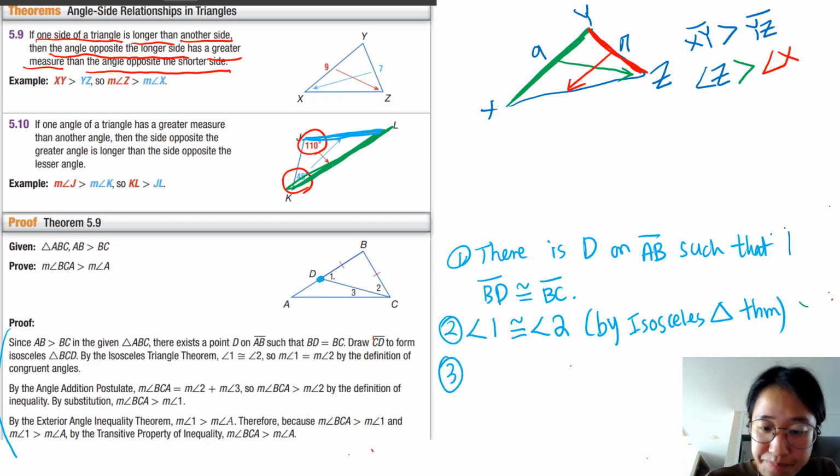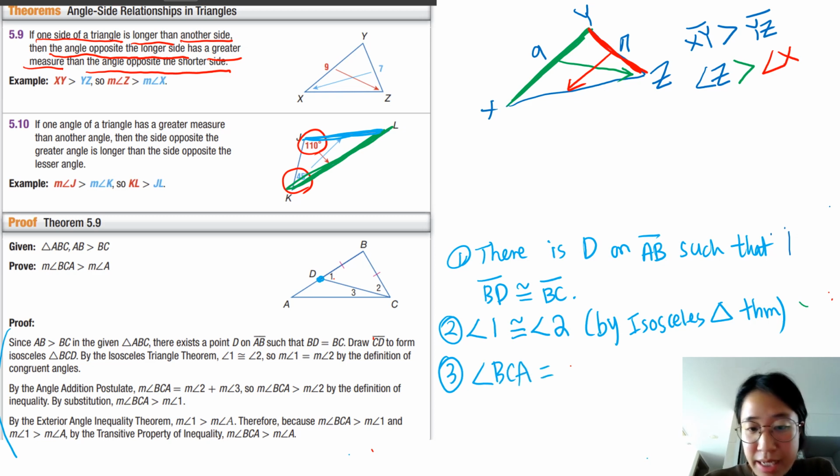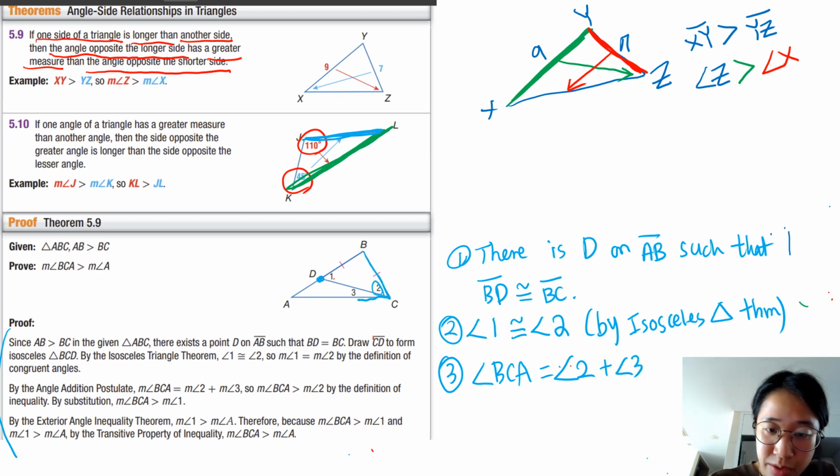Number 3. What do we know about it? I have angle BCA, that is angle 2 plus angle 3, correct? BCA is angle 2 and 3, okay? So what does that mean?